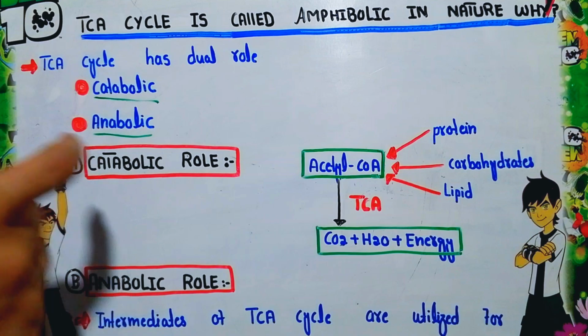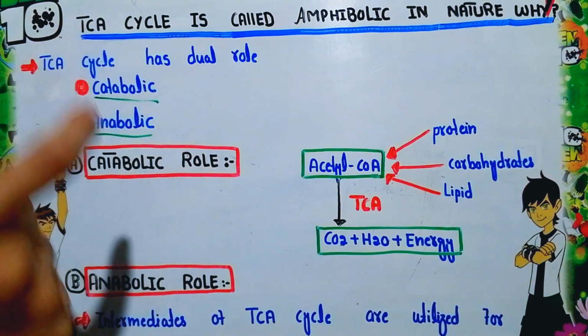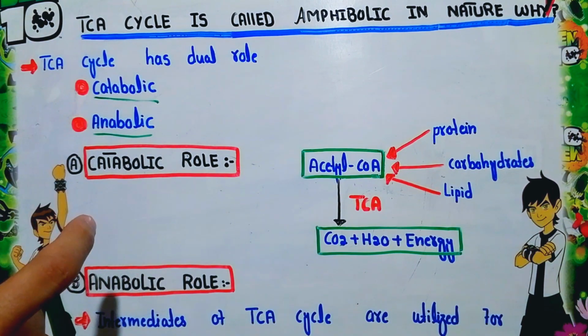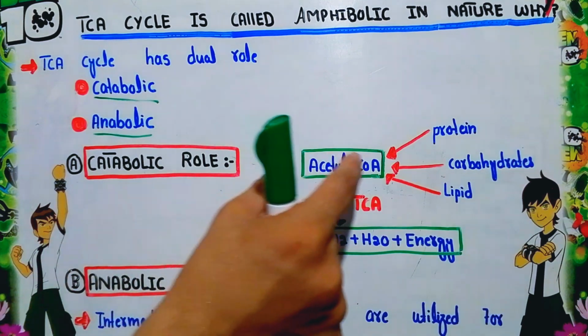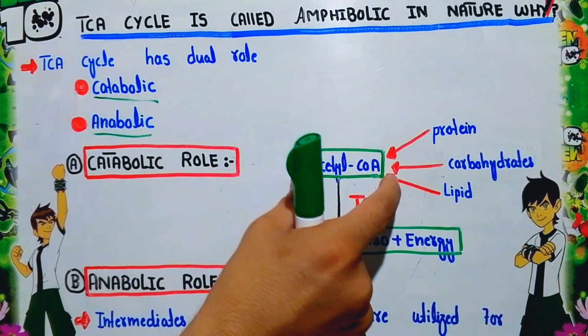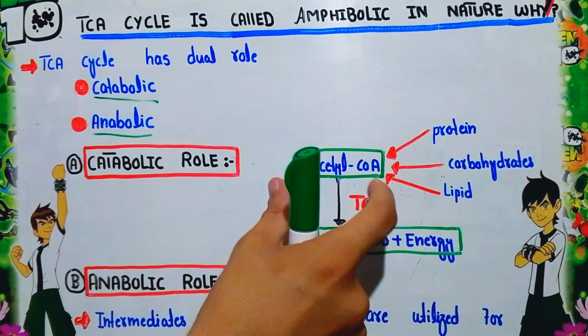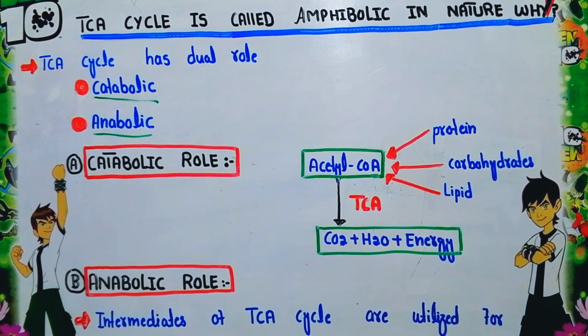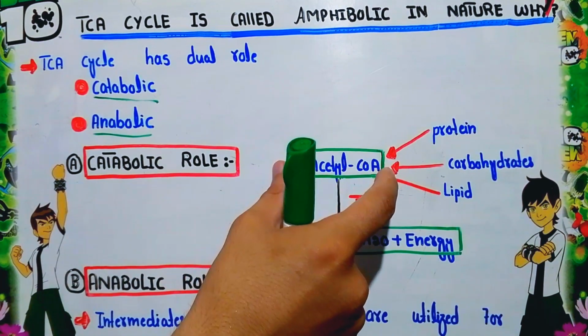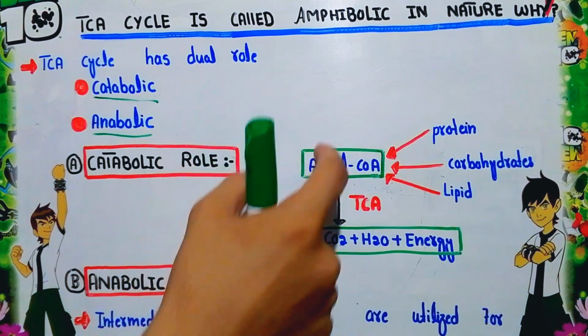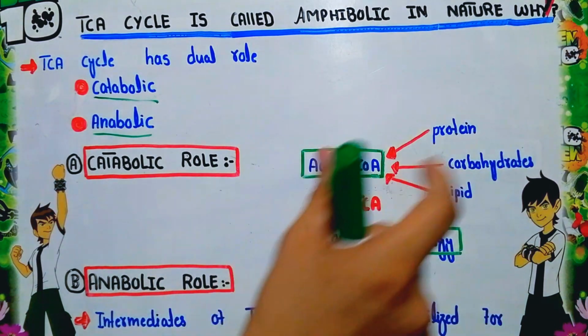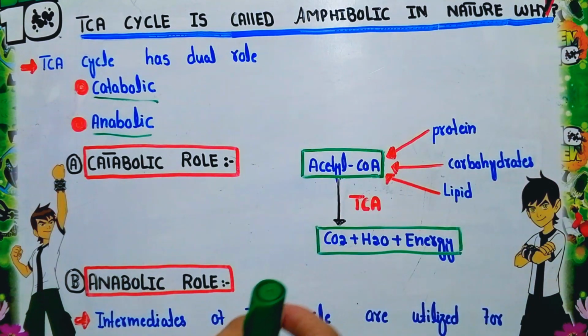Now look here, the starting material for the TCA cycle is a 2-carbon compound, acetyl coenzyme A. This acetyl coenzyme A is made from the metabolism of protein as well as carbohydrate and lipid.